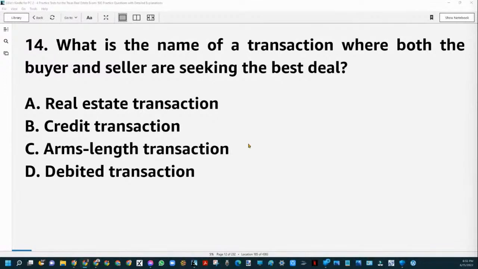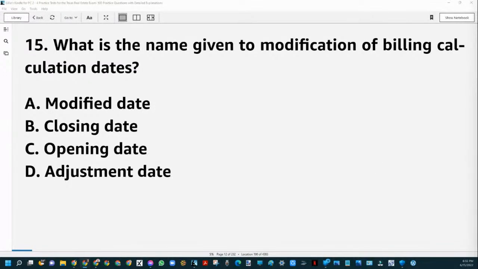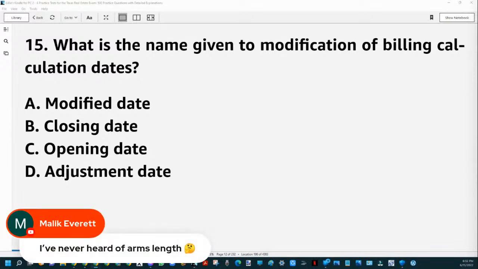Okay, number 15. Malik Everett says he's never heard of arm's length. Yes, it does exist. Go ahead and look at your vocabulary, okay? Maybe you haven't studied your vocabulary enough, but it should be in there. If not, Google it and find out what arm's length means.